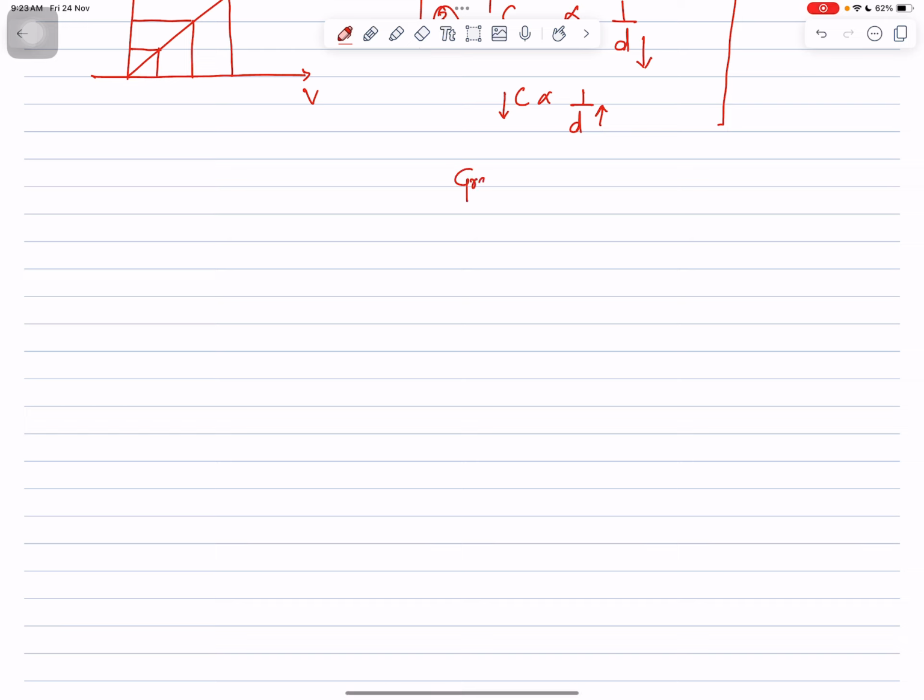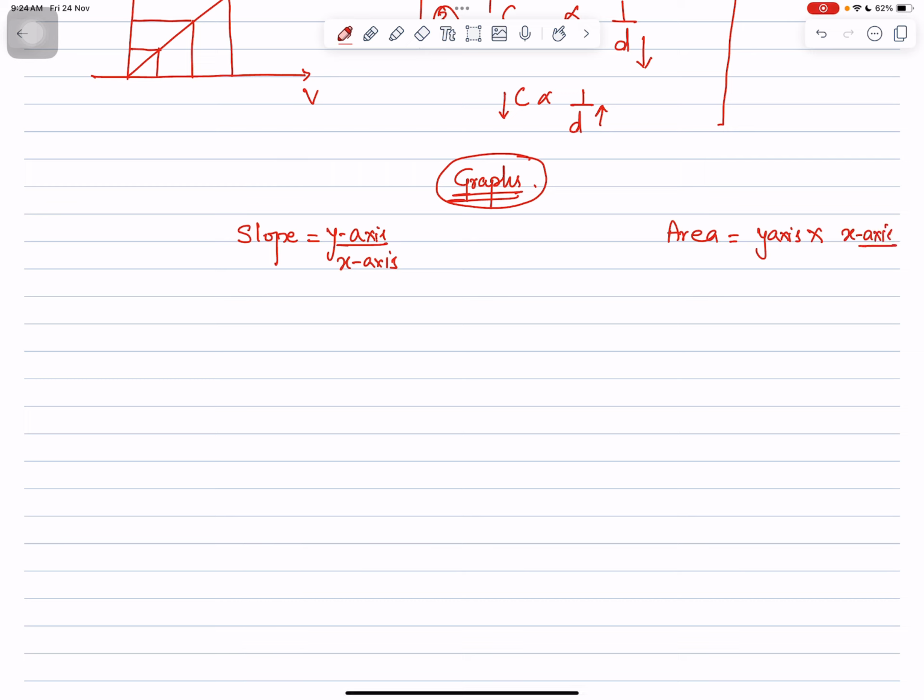How to solve the graphs on the basis of capacitors. All the graphs give you two things: one gives you slope and one gives you area. What does it mean? Slope means y-axis divided by x-axis, and area means y-axis multiplied by x-axis.